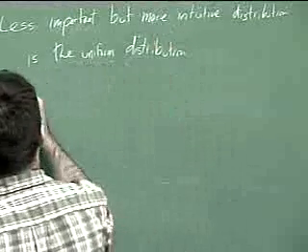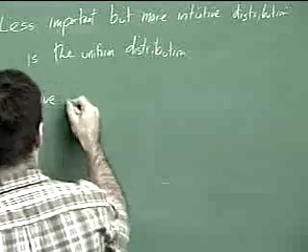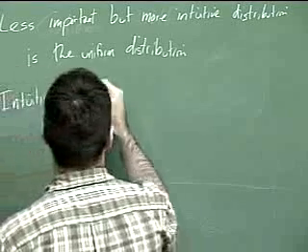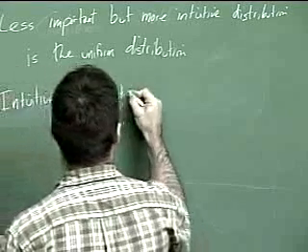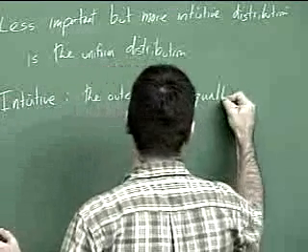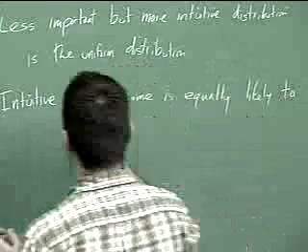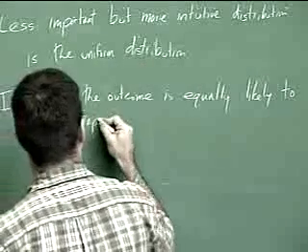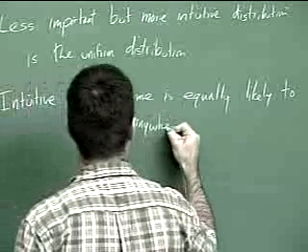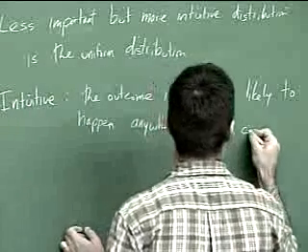Which basically says, the intuitive explanation is, the outcome is equally likely to happen anywhere. Let's put it on a constrained interval.